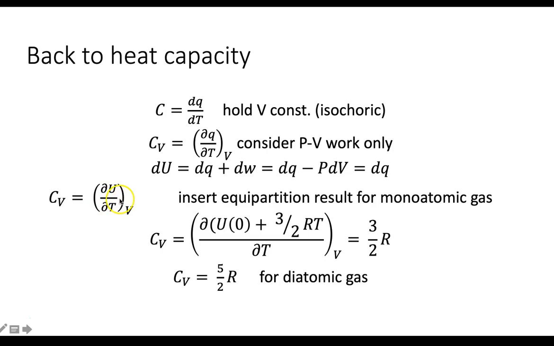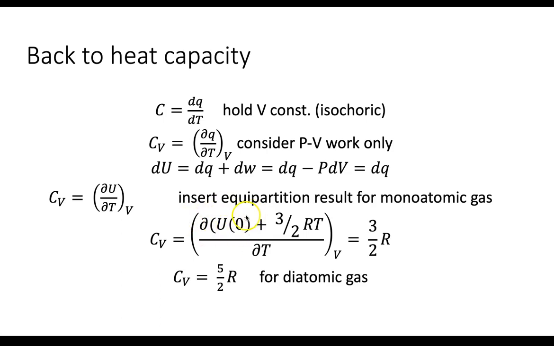Well, now with the equipartition theorem we have an expression for U. So we substitute that in, and now we're just going to insert that result for a monatomic gas, right? So this is the partial derivative of U with respect to T, of U at 0 Kelvin plus 3/2 RT. Well, the U at 0 Kelvin is not changing with temperature because it's defined at 1 temperature, so that derivative is 0, right?